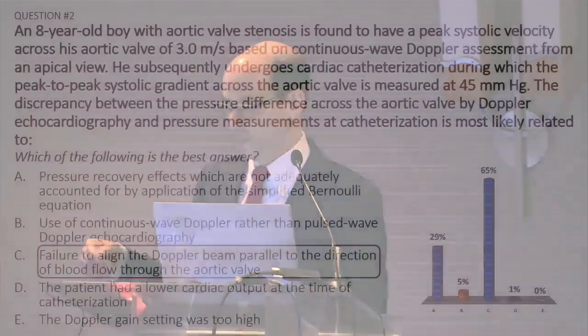Typically the catheter tips are distal, after pressure recovery. So that would have the opposite effect. Are we clear about that? I'm going to spend just one more sentence on that since some people gave this answer. With Doppler, you measure the maximum gradient possible before those pressure recovery effects have kicked in, and catheters typically take pressure recovery into account because the catheter tip is downstream after pressure recovery has occurred.